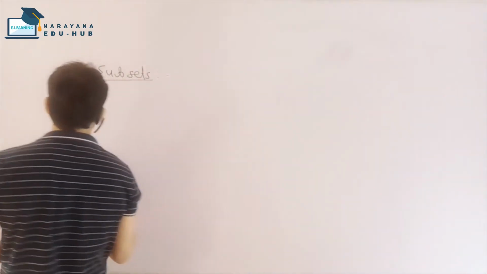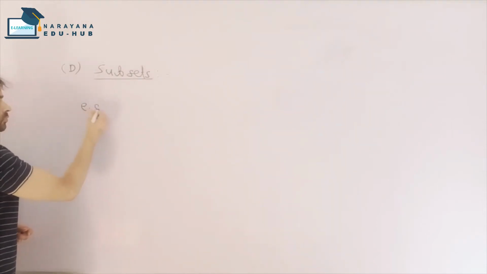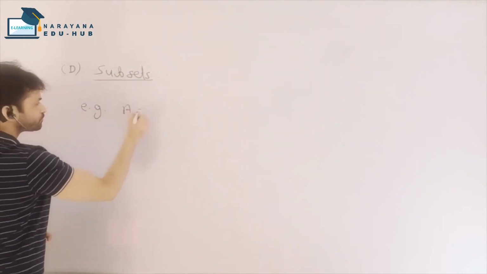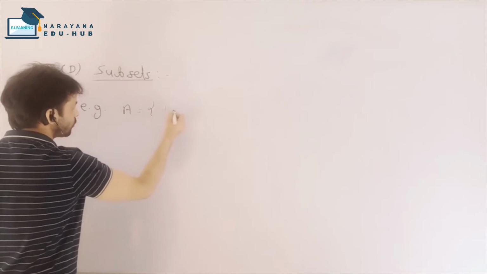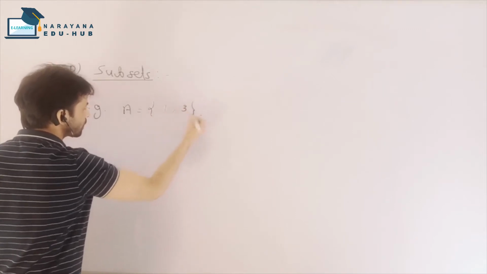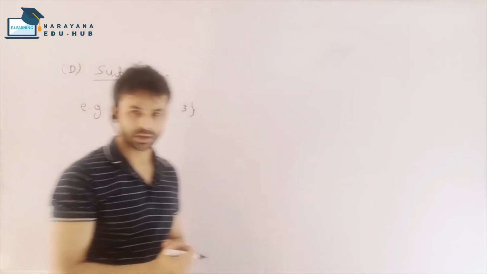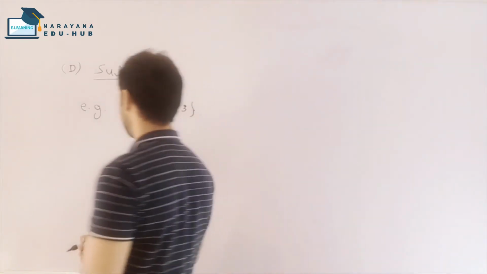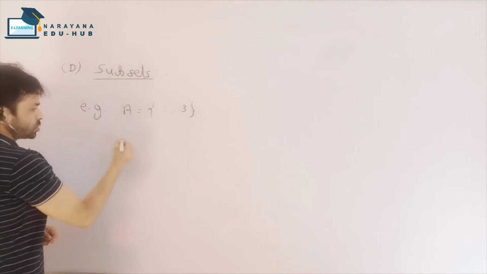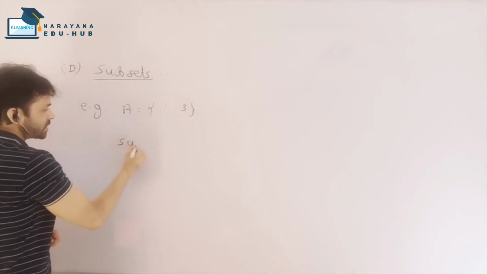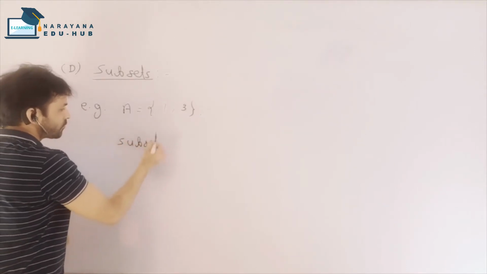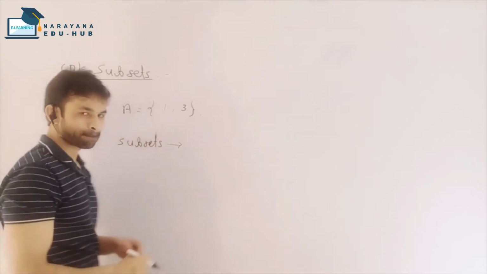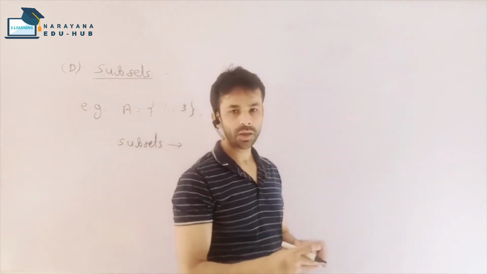So, for example, I have a set A. Let's say I have 1, 3, just two elements. Okay, it can have any number of elements. Let's say 2 elements. So, subsets of this set will be... Okay, we'll write the definition.